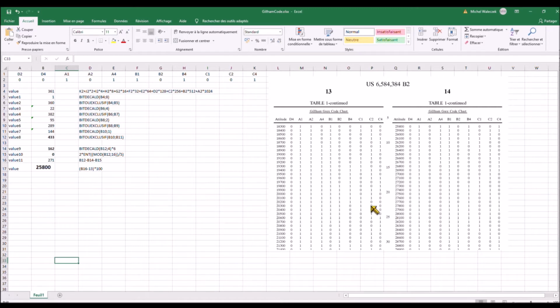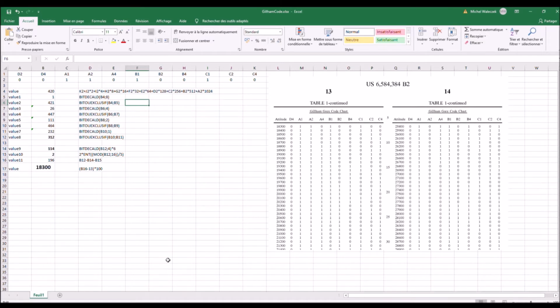I don't remember which one, but for example, we can check the first line here, which is the altitude 18,300 feet. So 0, 0, 1, 0, 0, 1, 0, 1, 1. So you can see that this thing works.